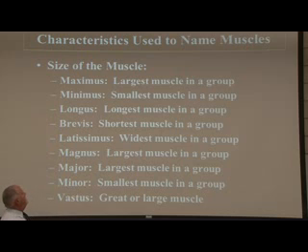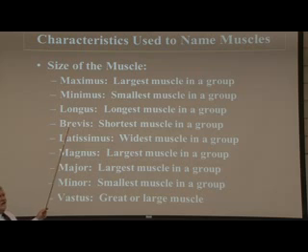So the way it was done is Maximus and Minimus we see usually associated with the hips. And then major and minor is more commonly used with the shoulders. So kind of the major muscles of the hips and major muscles of the shoulder and minor muscle. This is kind of the pattern we're going to see in the body.